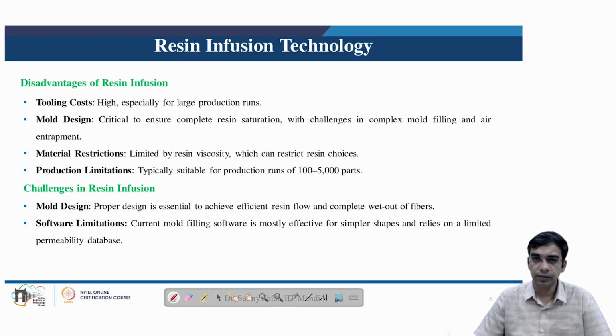Higher viscosity in the resin can restrict the resin choices, as the injection pressure may not be sufficient to overcome the viscosity of the resin, and this may lead to resin starved regions in the mold, thereby leading to defects in the composite part. Production limitation may also be present, and typically such a process is limited to up to 100 to 5000 parts. Nevertheless, for the wind turbine blades, this type of production run quantity is sufficient.